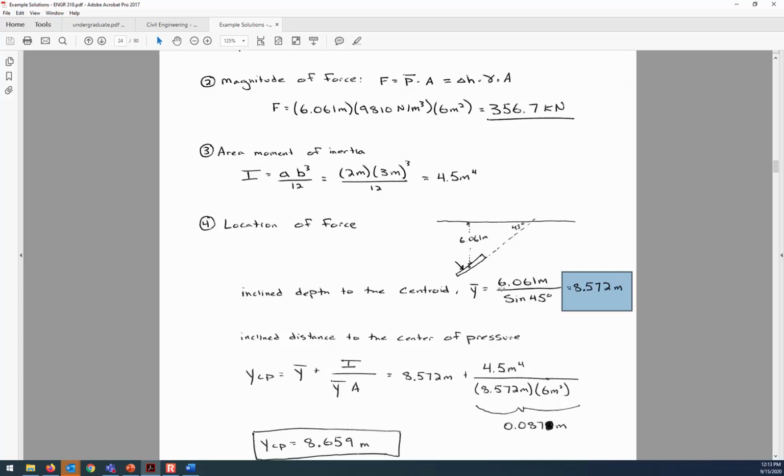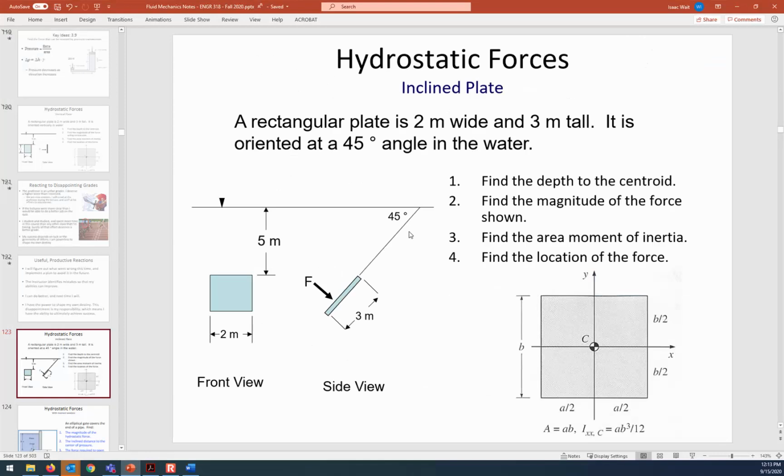Gavin asks, can we just take the slanted edge distance plus 1.5 to get y bar? 1.5 is the inclined distance from the edge to the centroid. So yeah, you could do 1.5 plus the slant distance of the 5 meters.